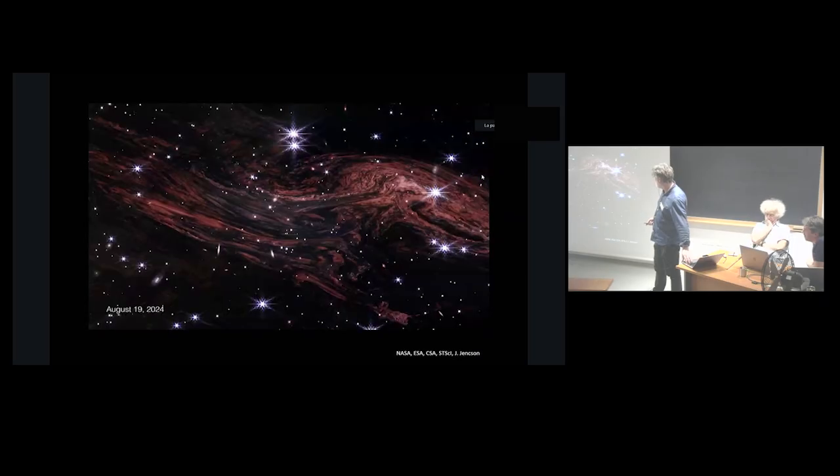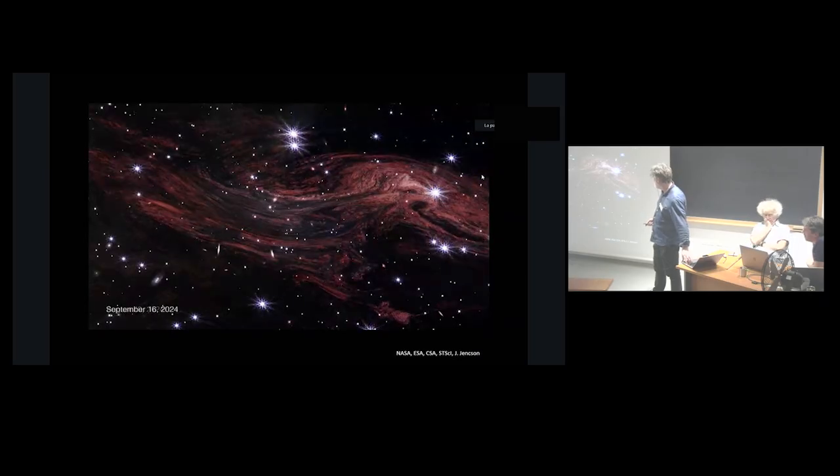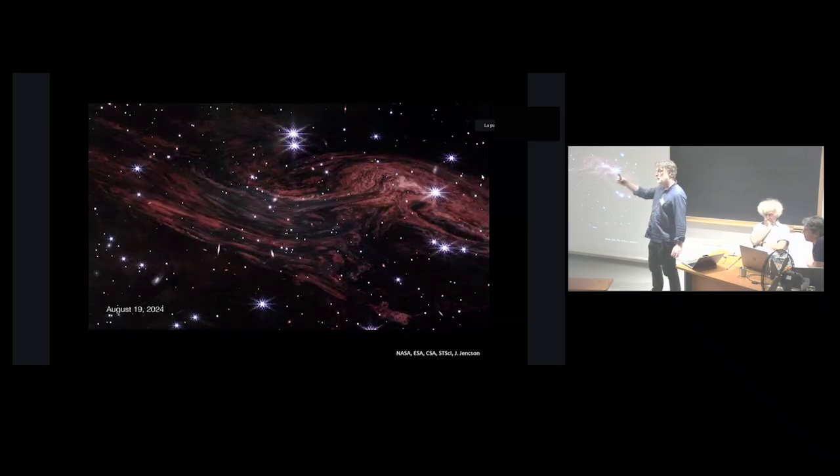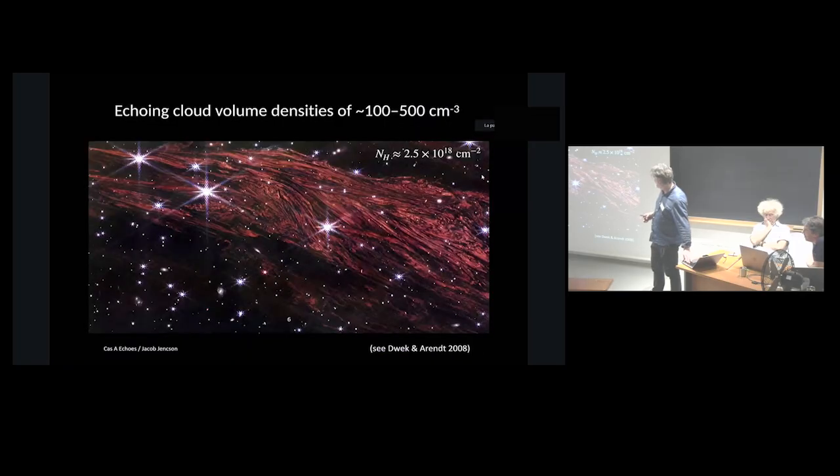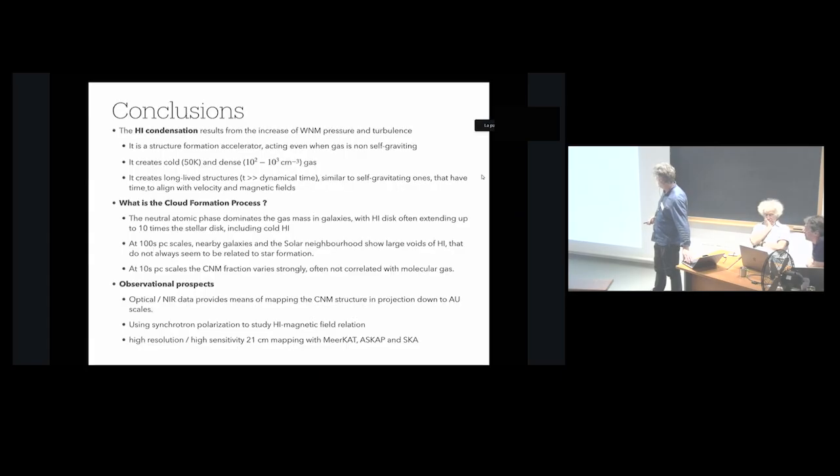This is just a few days of data. You can see that it's moving a little, just because we have taken observations at different times. This is what we are up to now. It's very exciting, and I think we'll learn a lot about the small scale structure of those clouds. I'll leave you with my conclusions. Thank you.